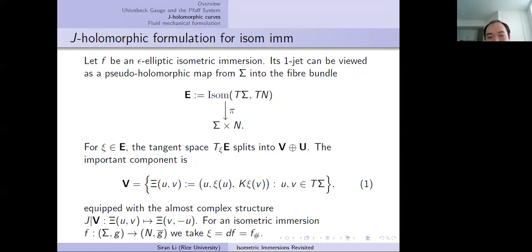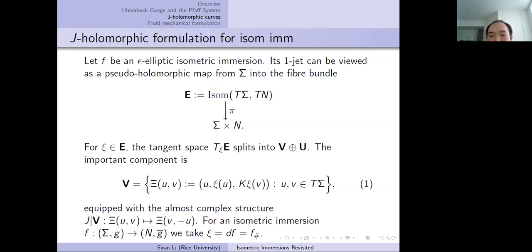So if we start with an epsilon-elliptic isometric immersion, let's consider its one jet. The one jet consists of f(x) and df(x), so consider the Taylor polynomial up to the first order. That can be viewed as a pseudo-holomorphic or J-holomorphic map from Sigma into the fiber bundle, which consists of all the linear isometries from T(Sigma) to TN.